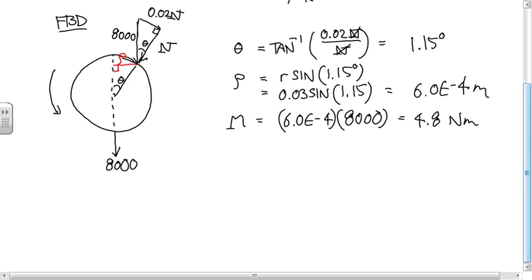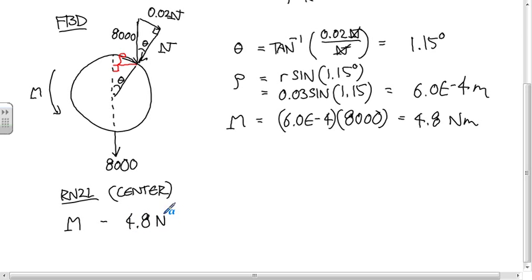Okay. Well, you could think of it like this. We're trying to calculate this moment M that we need to keep it rotating, right? If we do the rotational equation, there are only two moments acting if our about point is the center. Those are positive M, because it's counterclockwise, and a negative moment of 4.8 Newton meters.